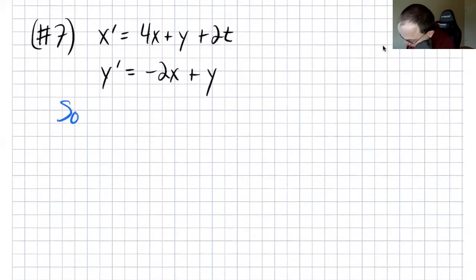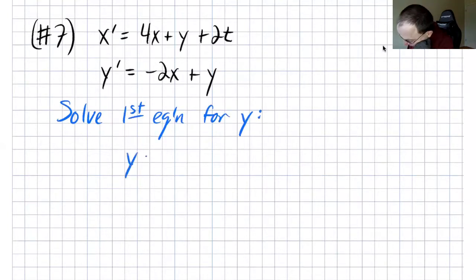So let's solve the first equation for y. So we're going to get y is equal to x prime minus 4x minus 2t. I think that is okay.